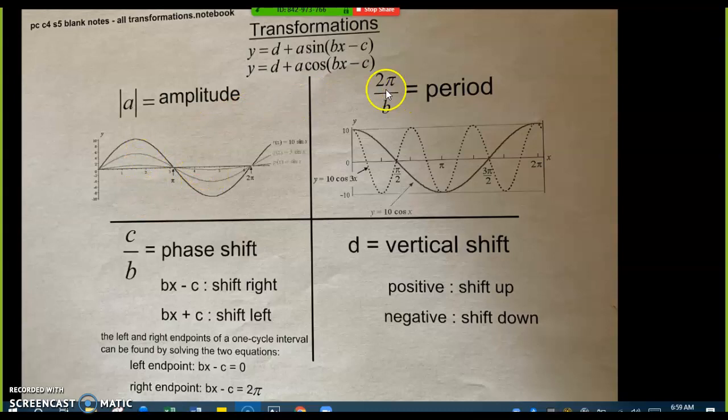All right, let's go over to 2 pi over b, which is the period. So a period is how long it takes for our functions to do their cycle. And if I go back over here and I look at sine, this is a sine curve, right? It's that sideways S. Sine will start at 0.